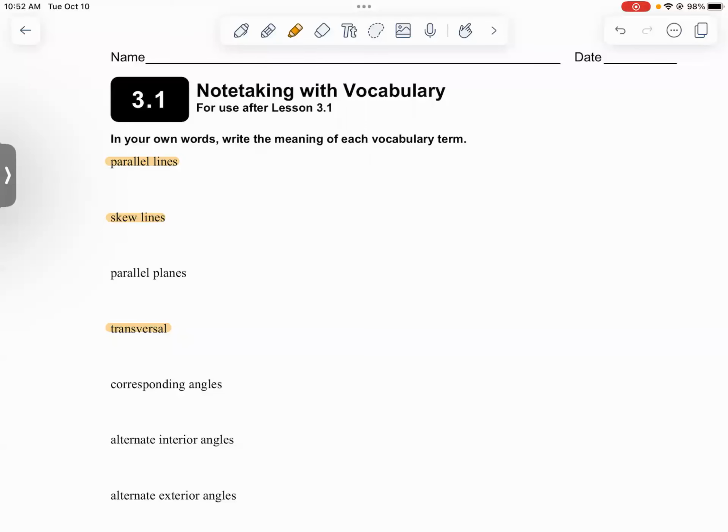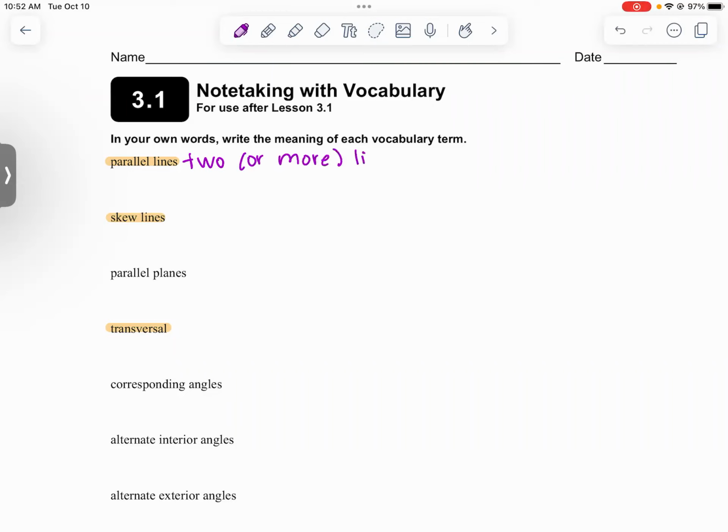All right, on page 67, who can describe to me what it means for two lines to be parallel? Okay, great. So two lines. Well, I guess we should say two or more lines.